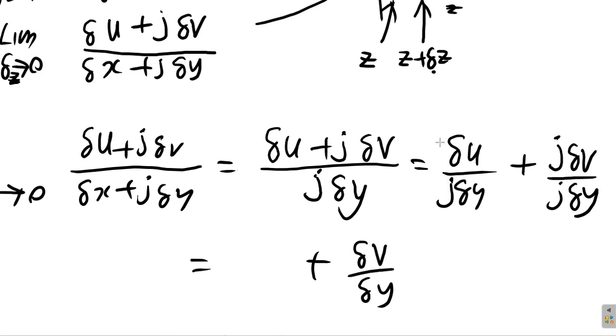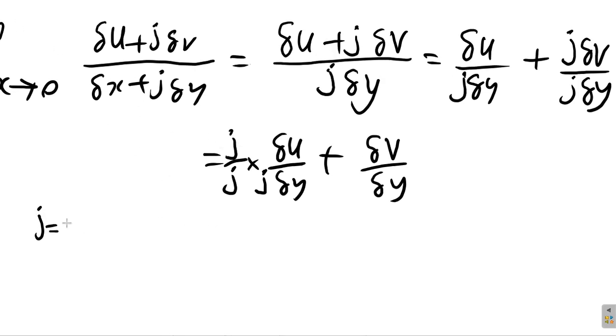Suppose you multiply both top and bottom by j. What would happen? You have del u over del y, but the del y is multiplied by j. Multiply this by j over j. Now remember what j is.